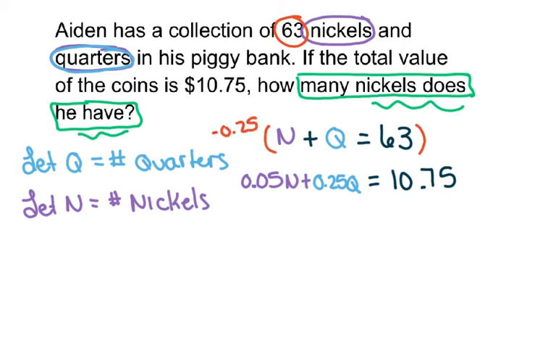Because I want to eliminate the quarters so I can just answer the question right away. So I've got negative 0.25 n minus 0.25 q, and then I'm going to have to multiply 63 times 0.25.